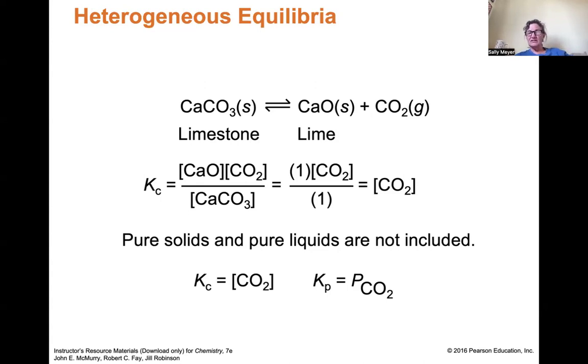The concentration doesn't change because it's really just equal to the density and some conversions between density and concentration. So the only thing that you'd include in this equilibrium constant when you have heterogeneous equilibrium is just the pressure of CO2 or the concentration of CO2. Pure solids and liquids are not included, because their concentration really remains constant, even if some of it reacts, because it's based on that chunk that you have in there.